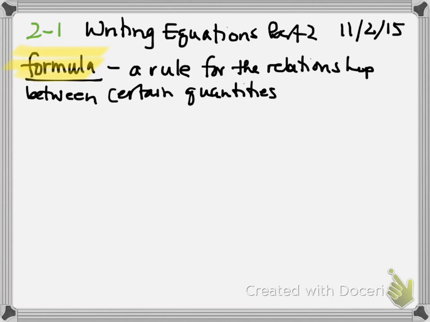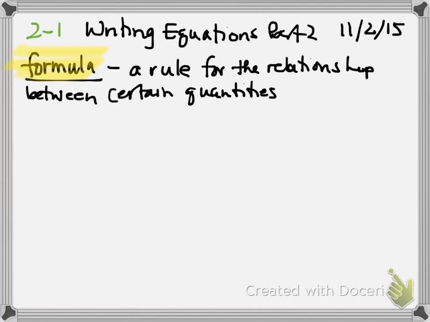And so we need to understand all sorts of different formulas. Those certain quantities when it comes to area of a rectangle are length and width. When it's talking about the perimeter of a square, the quantities are 4 and the length of a side. So the quantities change based on what it is. So again, it's a rule for the relationship between certain quantities.